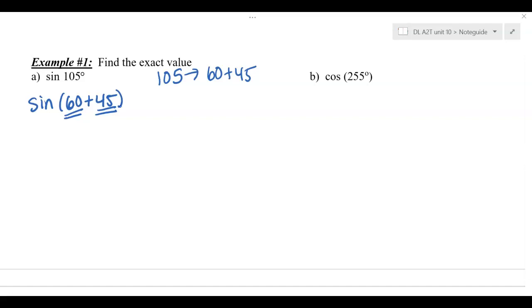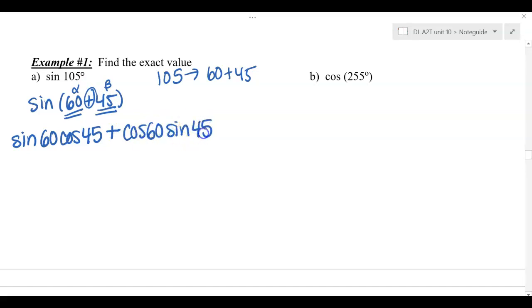Okay, so I'm thinking of the 60 as my alpha and the 45 as my beta, and if I follow that sine formula, it says to do sine of the first angle, cosine of the second one, has the same sign between it, like this one's a plus and there's a plus, and then it has cosine of the first angle times sine of the second angle. And then these are things I can actually calculate and plug in and finish the calculation. So the sine of 60 degrees according to my unit circle, rad 3 over 2.